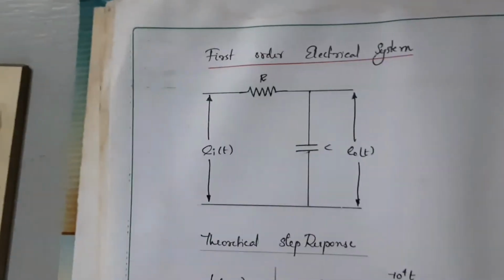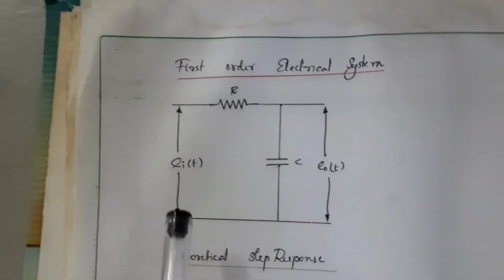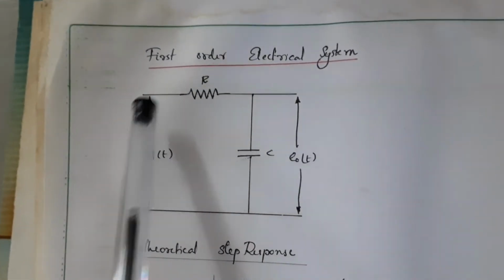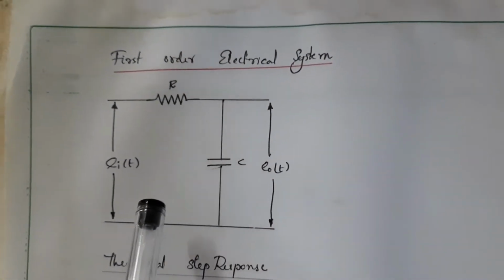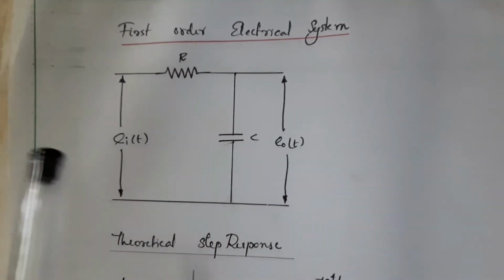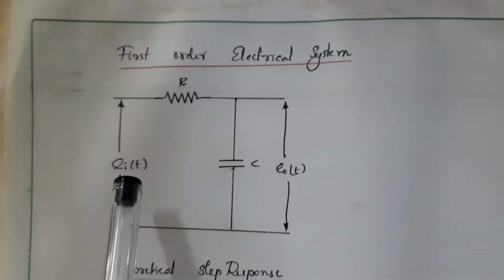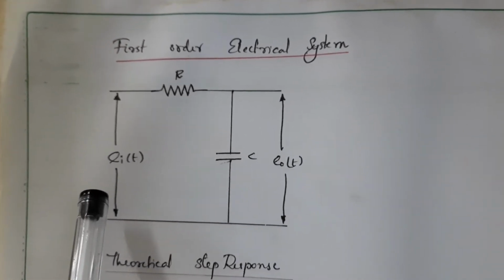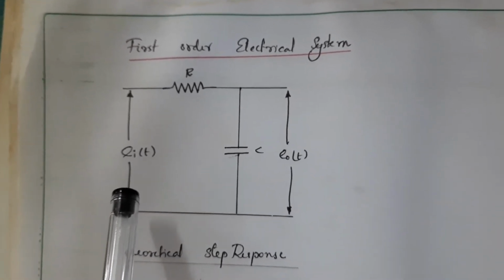And first we have to apply a step input to this particular port to obtain the step response of this first order system. But in our lab we don't have a step signal available in the function generator, so a low frequency square wave is used instead of a step signal.